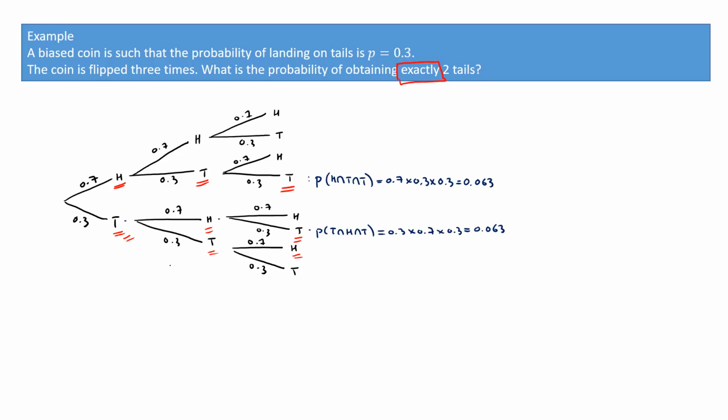Finally, the last possible route would be tails, tails, heads. So that's the probability of tails and tails and heads, which equals 0.3 times 0.3 times 0.7. And once again, that's equal to 0.063.